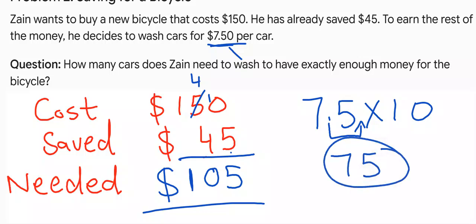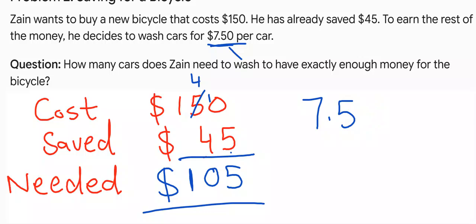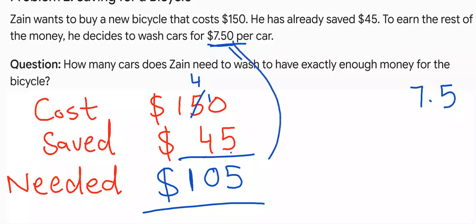We need 105, so let's try some other number. If we want to do it directly, we can divide 105 by 7.5. That is also a way, but here I want to try it with multiplication.